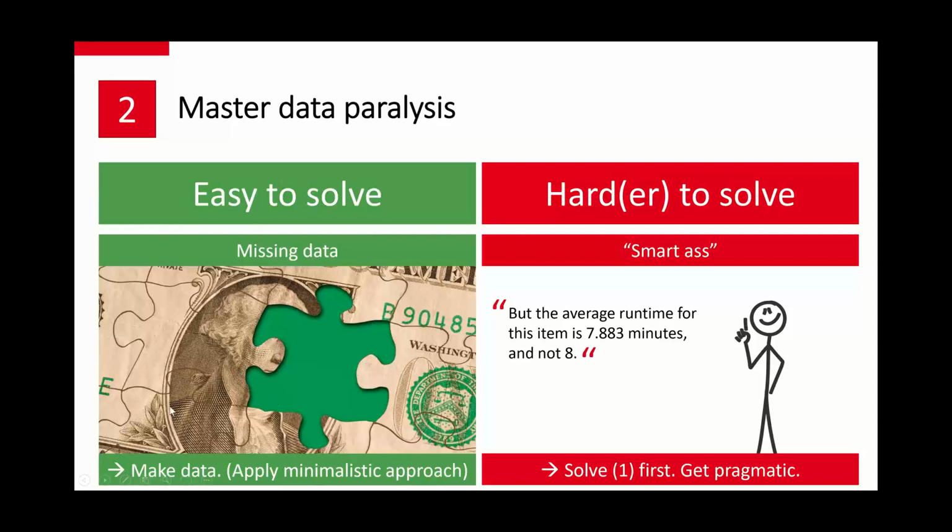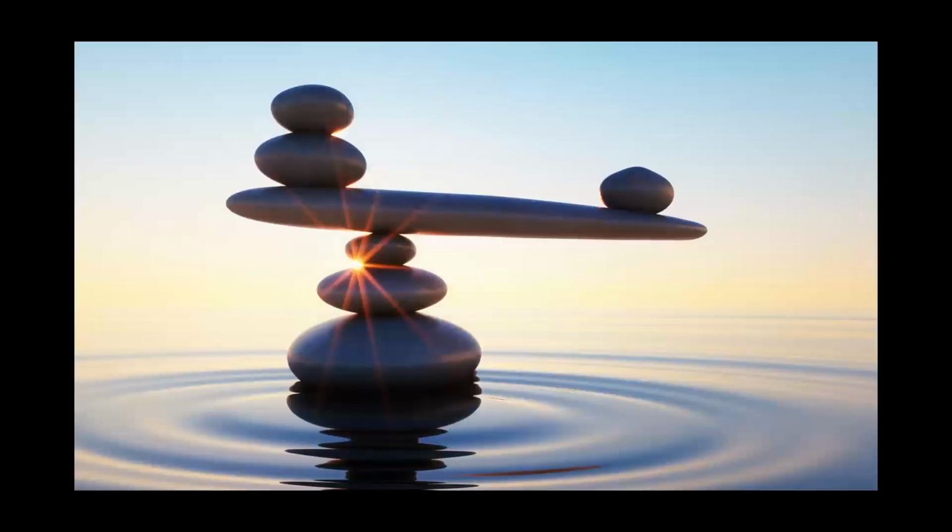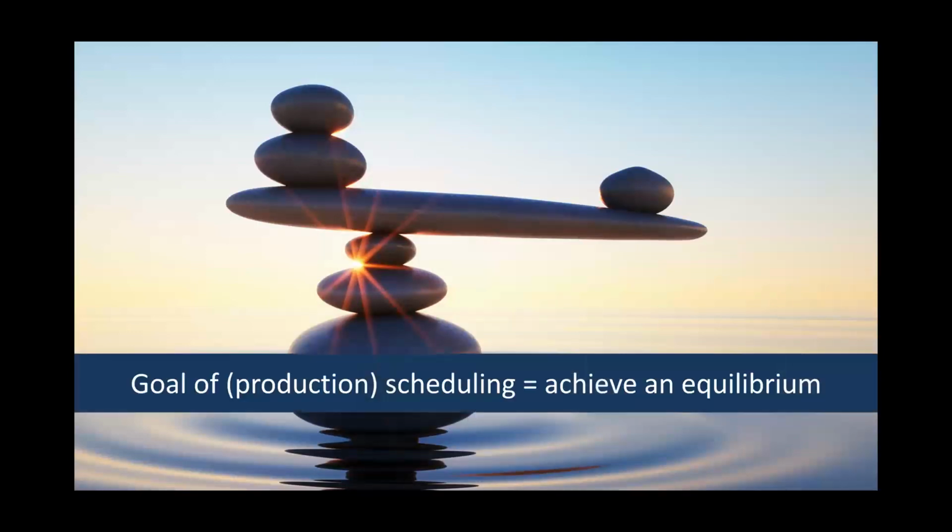And if you wonder what a minimalistic approach in terms of master data for scheduling is, then let's very quickly think about what scheduling is. Scheduling is achieving an equilibrium. So with production scheduling, you want to balance out things in your shop or in your customer's shop.